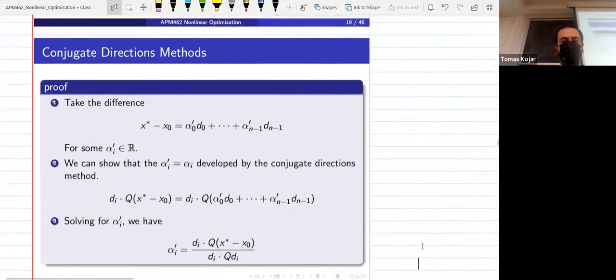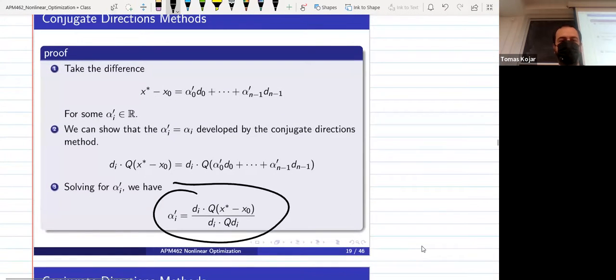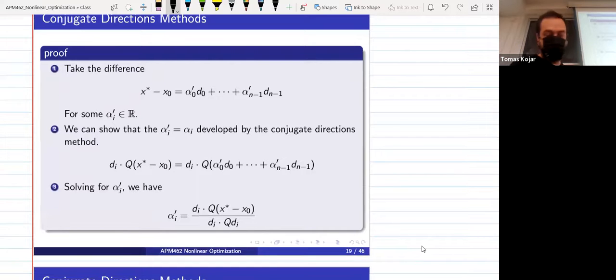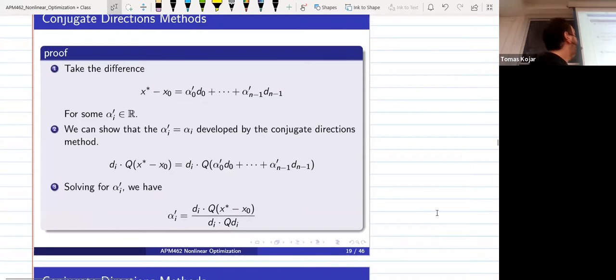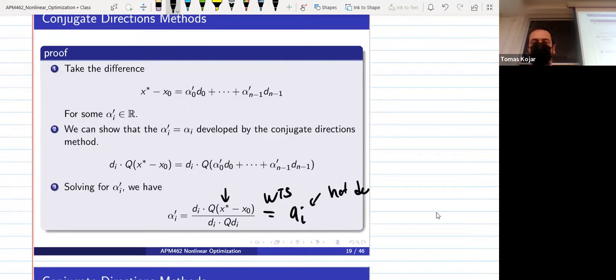Then you isolate for A_i, I mean for A_i prime, sorry, and you get this guy. And I'm going to prove to you that this is nothing but A_i. Because again, this guy depends on x star, clearly. There's an x star over there. This guy does not. Okay, good. Let's go.